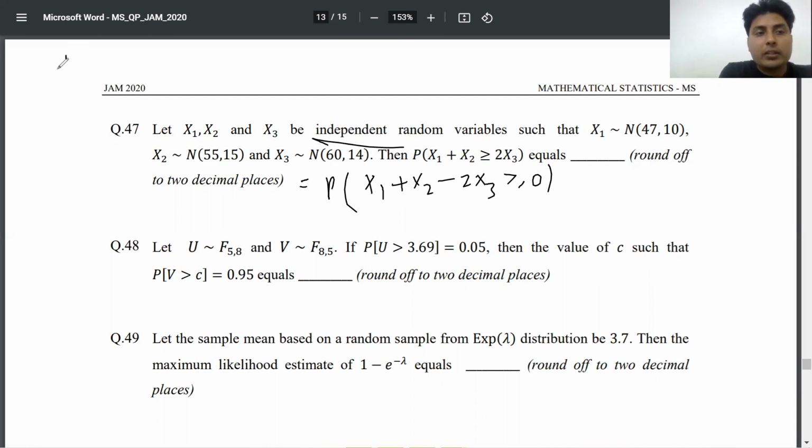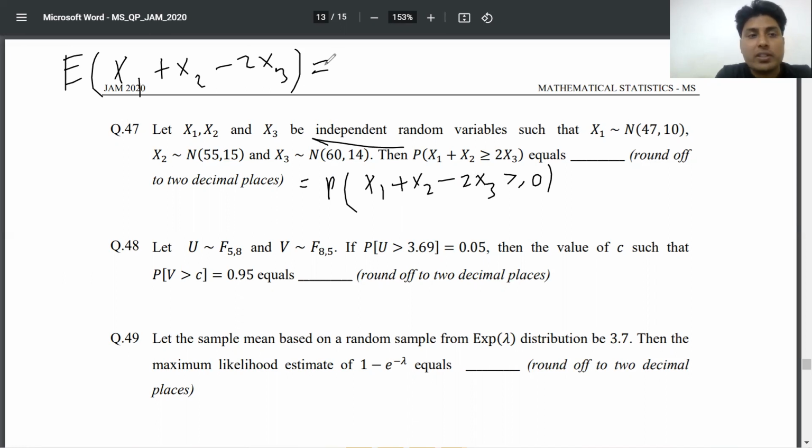So just find the expectation of x1 plus x2 minus 2x3. You can separate it: expectation x1 plus expectation x2 minus 2 times expectation x3. Sorry, expectation, not variance. So first is mean, 47 plus 55 minus 2 into 60.